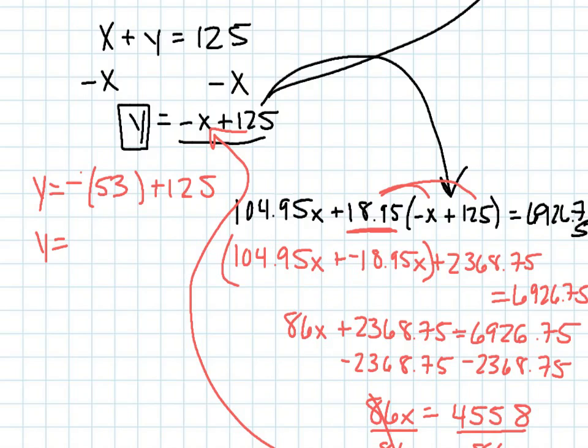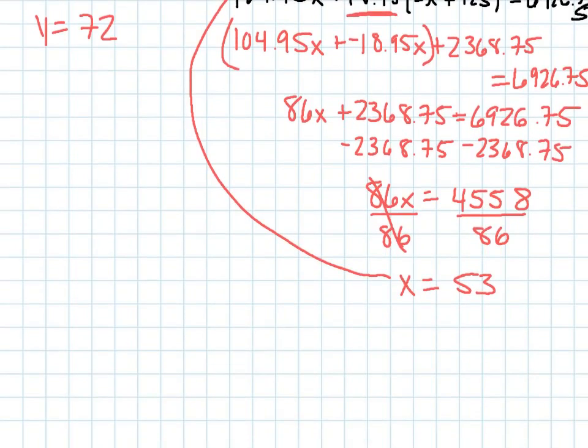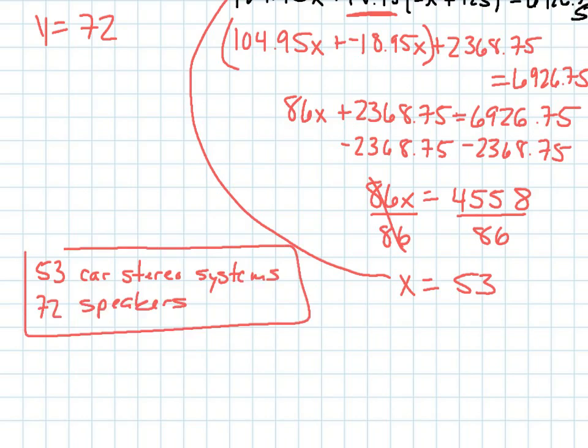Okay, so negative 53 plus 125 is 72. Okay, so the answer to this problem is that you have 53 car stereo systems sold, and then you have 72 speakers sold. And then that would be my answer.